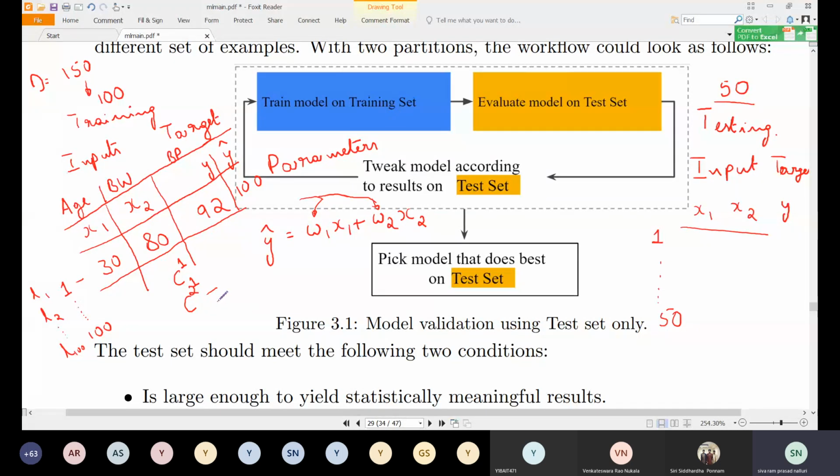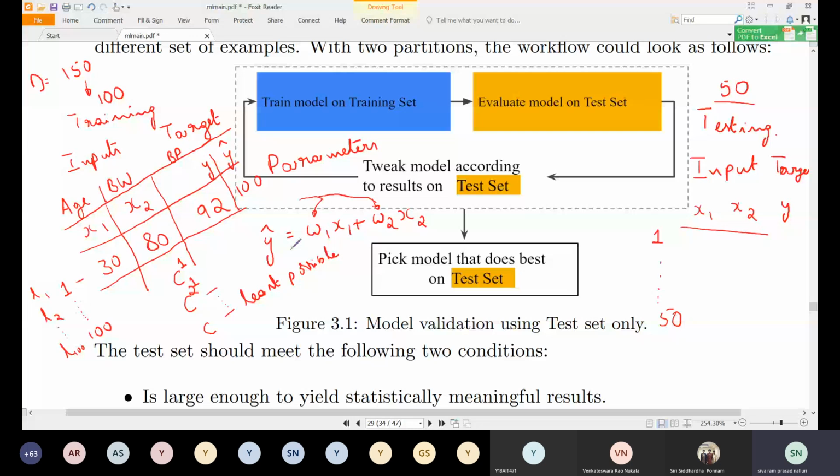Like that, how long does this iterative process continue? This continues until the cost is least possible for the given training set.